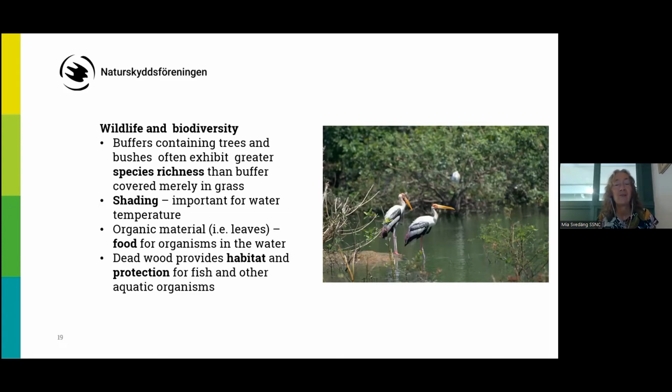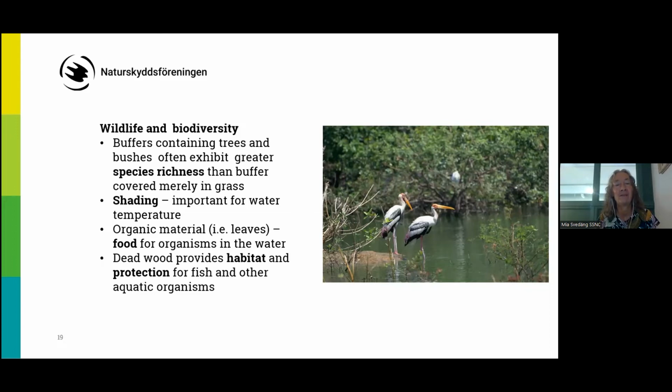And trees and bushes also provide dead wood, because branches and so on fall down into the water. And they provide habitat and protection for fish and other aquatic organisms. So it's really good to have a stream or a lake that's not so very tidy. I mean, to have dead wood in the water is really good for many different aspects.